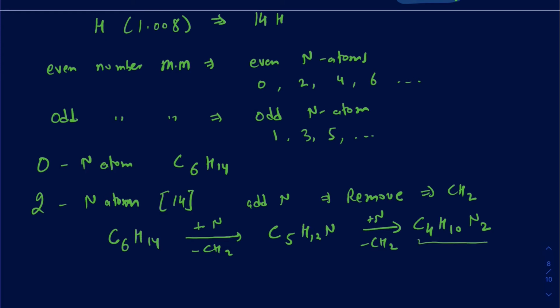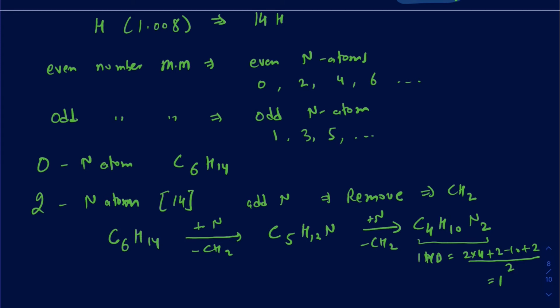So in this particular case, what's going to be the index of hydrogen deficiency? You can always check based on that. So I've got 2 times 4 plus 2, and then minus 10 plus 2 because of the nitrogens there, divided by 2. So that's going to be an index of hydrogen deficiency of 1.